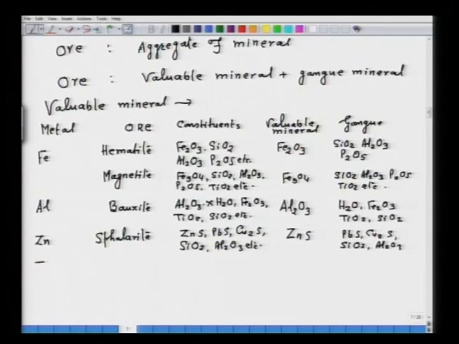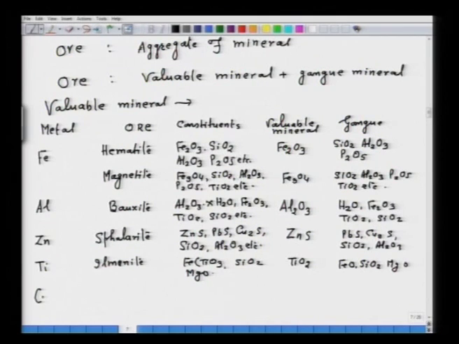Similarly, I can take a number of examples. Titanium: ilmenite is the ore. Composition: you have FeTiO3, SiO2, MgO, etc. Here the valuable mineral is titanium dioxide. Rest, FeO, SiO2, MgO, are all gangue minerals.